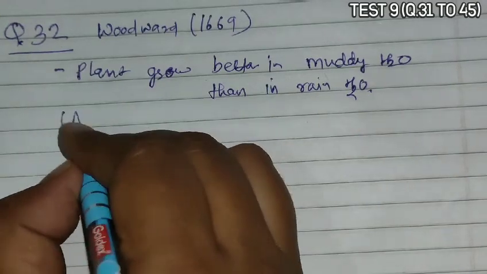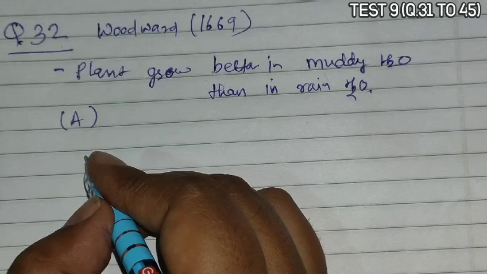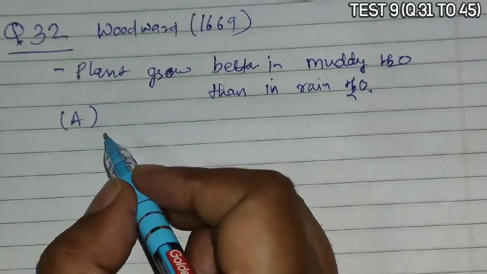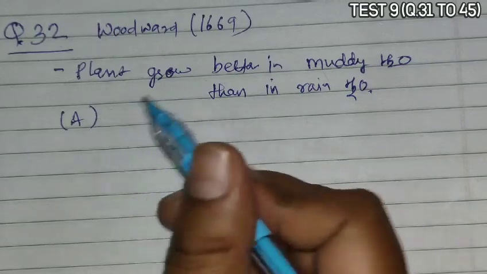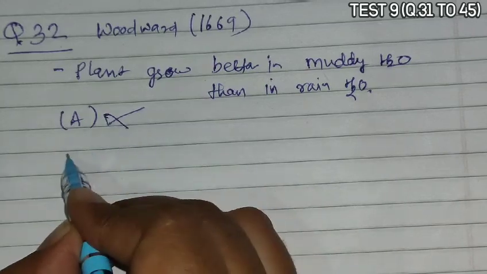Why? Option A, muddy water had most of the essential elements dissolved in it. If most of the essential elements are there, it is not possible because some might have been lost, so it cannot be the correct one.